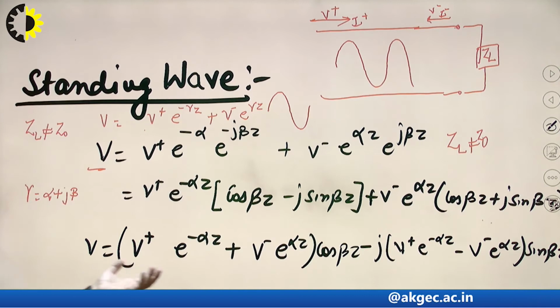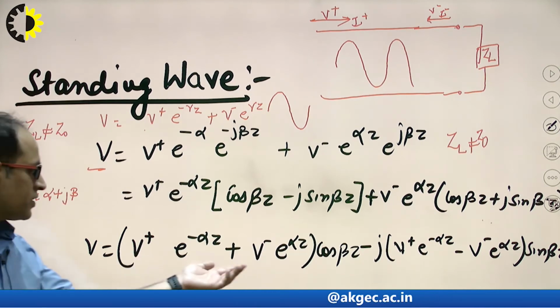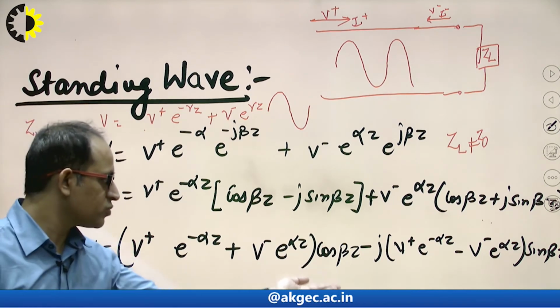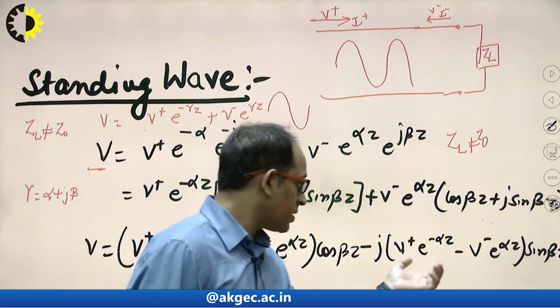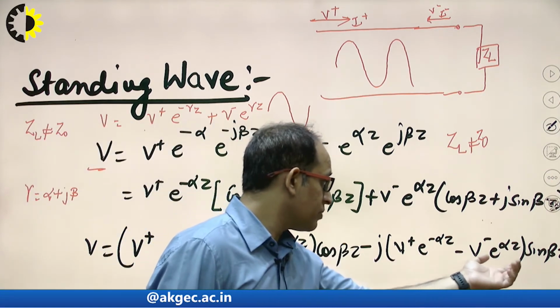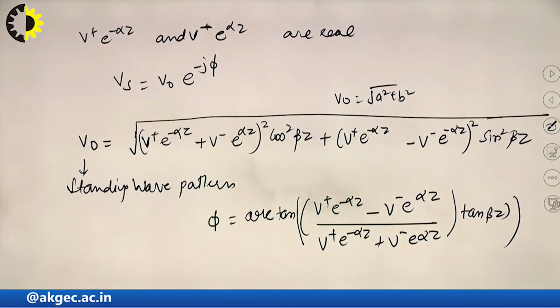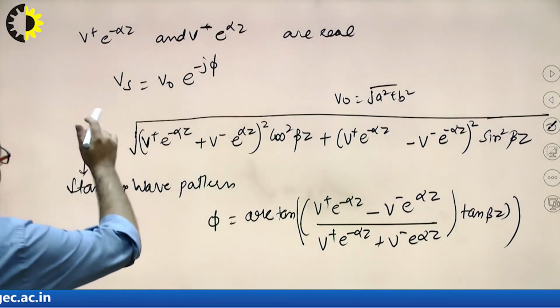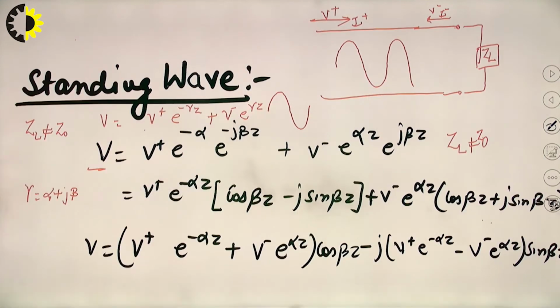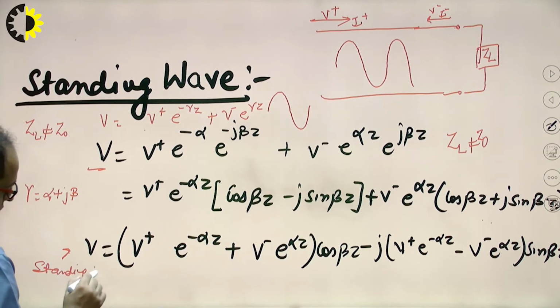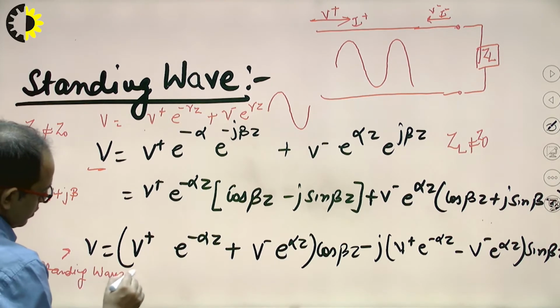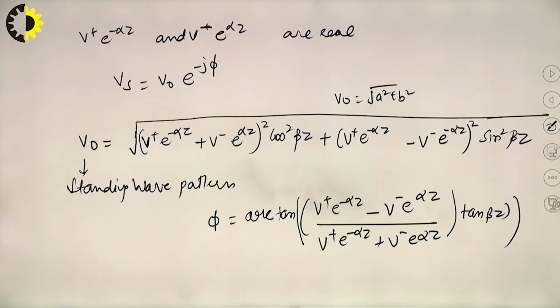Now you will see V equal to V plus e power minus alpha z plus V minus e power alpha z, times cos beta z, minus j times V plus e power minus alpha z minus V minus e power alpha z, times sin beta z. This is the standing wave equation.